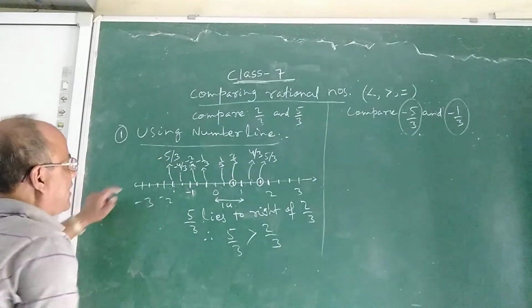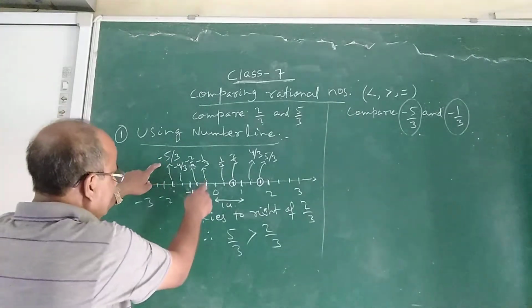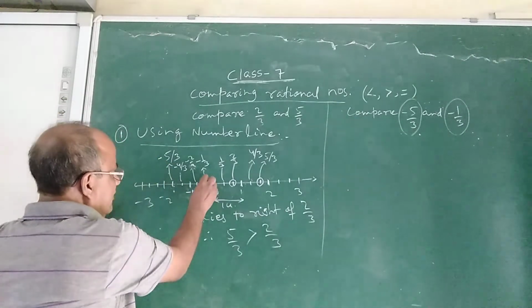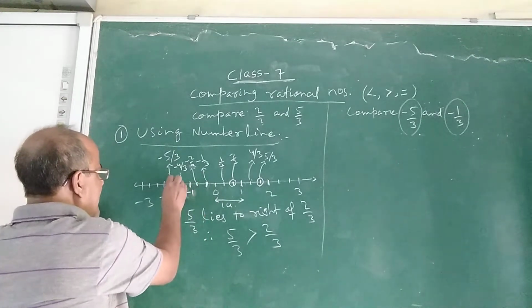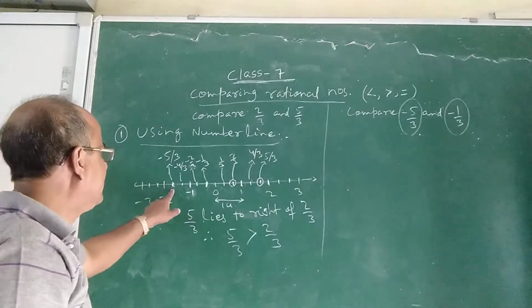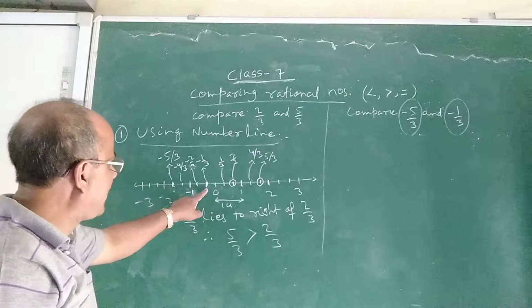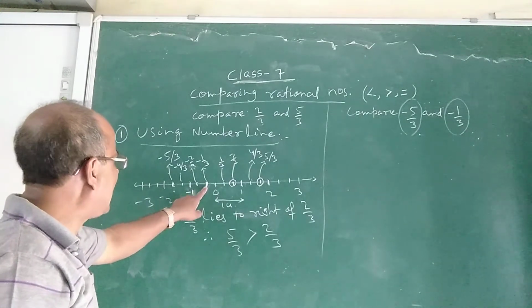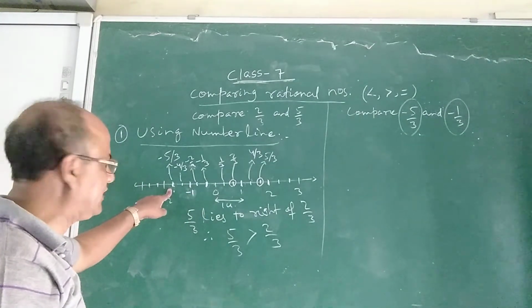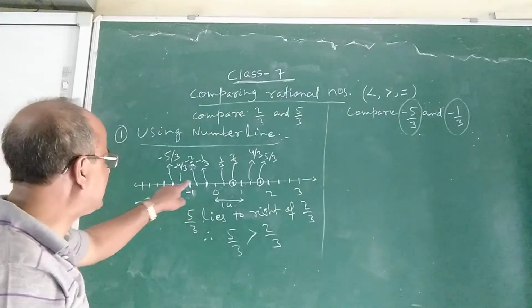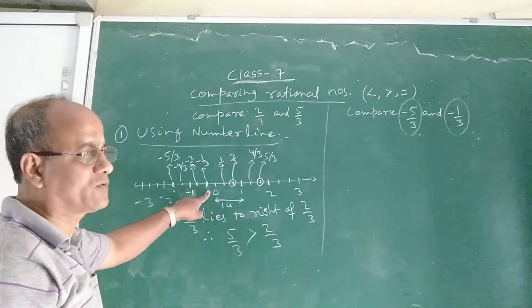This point represents minus 5 by 3, and this point represents minus 1 by 3. Now see, minus 1 by 3 lies to the right of minus 5 by 3, or you can say minus 5 by 3 lies to the left of minus 1 by 3.